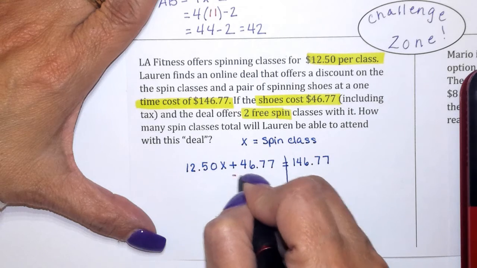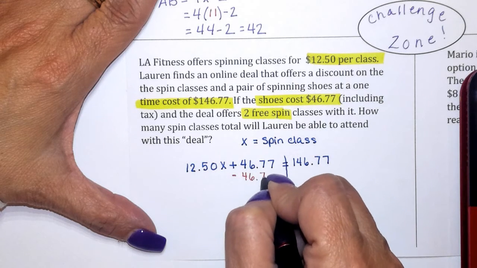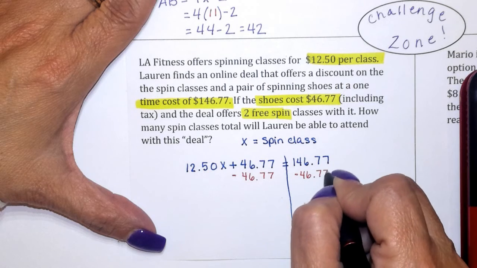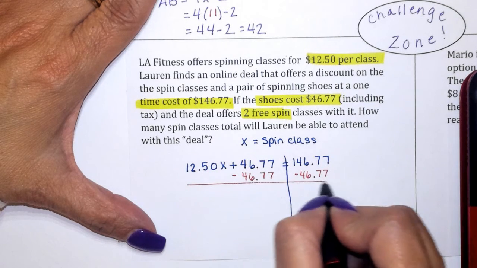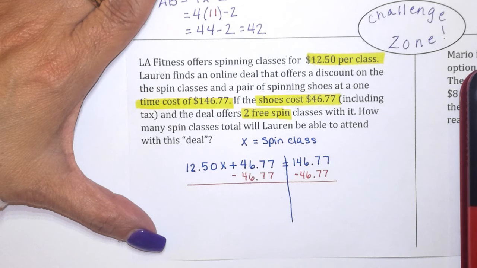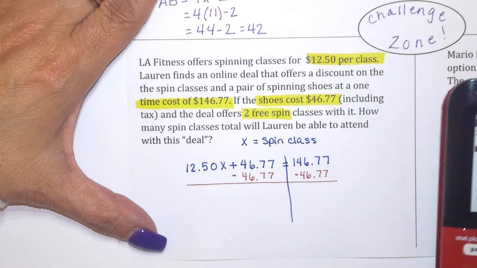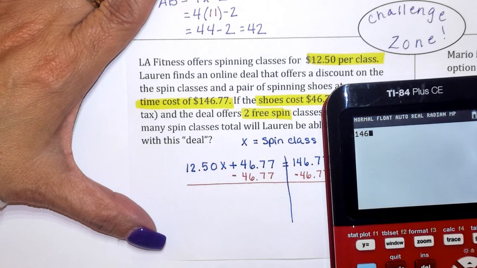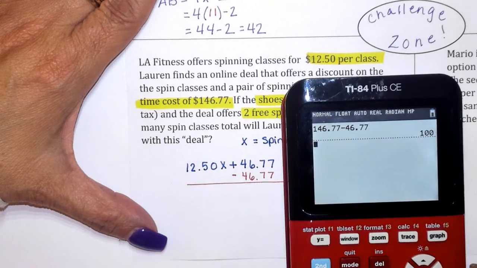Let's subtract 46.77. 146.77 minus 46.77. You can probably see it, oh, hello, it should have been 100. Oh my goodness, 146.77 minus 46.77 is 100. There we go, it's 100.